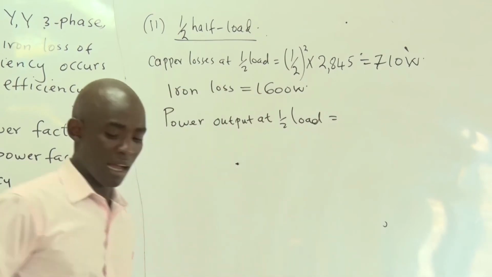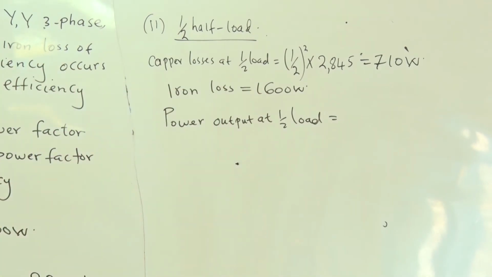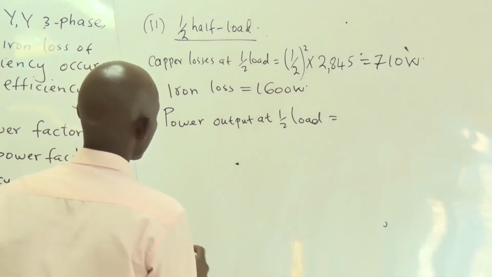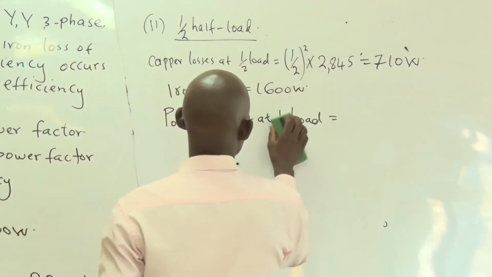Power output at a half load is given by, remember the point is a half load and the unit power factor. In this case, we have to determine first of all the power output.